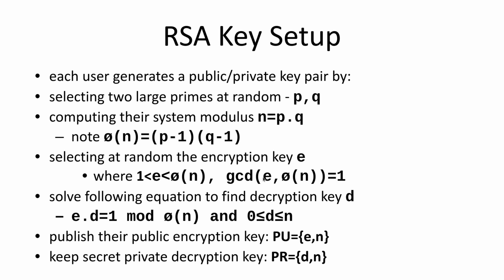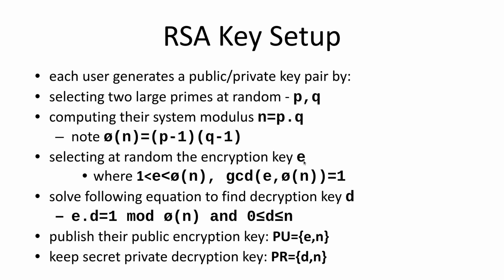Only if GCD of E comma phi of N is equal to 1 will there be an inverse for E. I hope you remember the rules. These two rules must be satisfied, because D is going to be calculated as the inverse of E. That is why this rule must be satisfied.